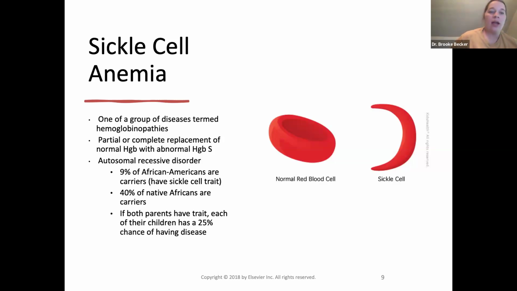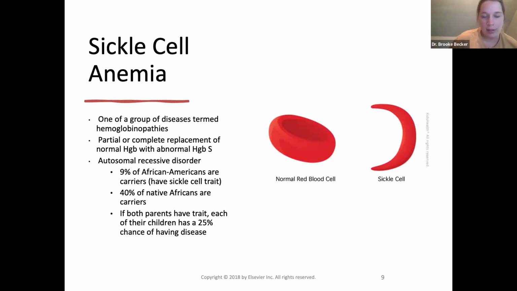And it's more predisposed to those who are of African American descent. About 40% of Native Africans are carriers. That does not mean that they're affected. That would be sickle cell trait. If both parents have the trait, then the kiddo is 25% likely to have sickle cell anemia.